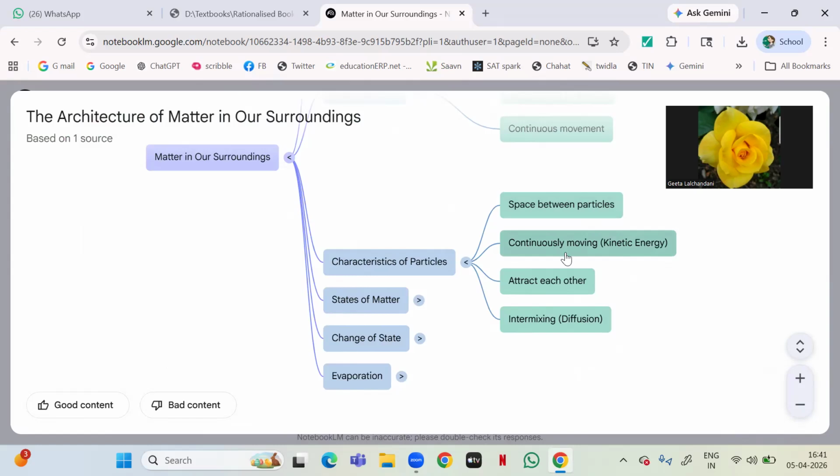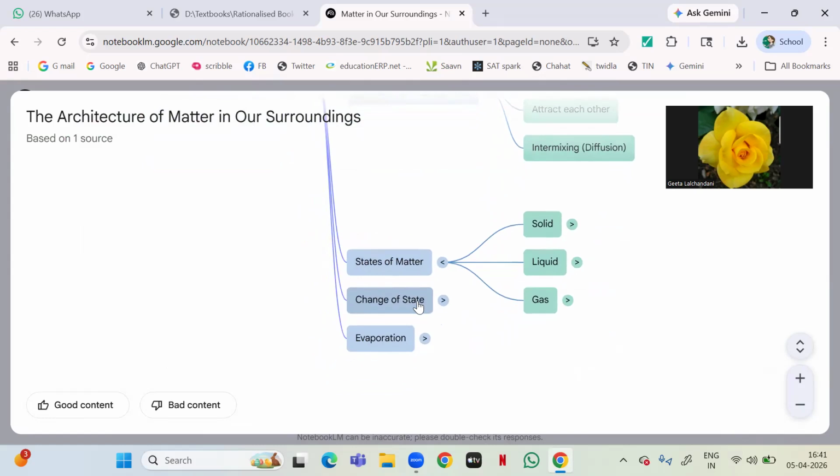Then the particles are continuously moving, and the energy based on movement is called kinetic energy. All particles, be it solids, liquids, or gases, have kinetic energy. We'll compare the kinetic energies of solids with liquids and gases. Then they have interparticle attractions. They attract each other, and there is something called diffusion. Again, some activities related to it.